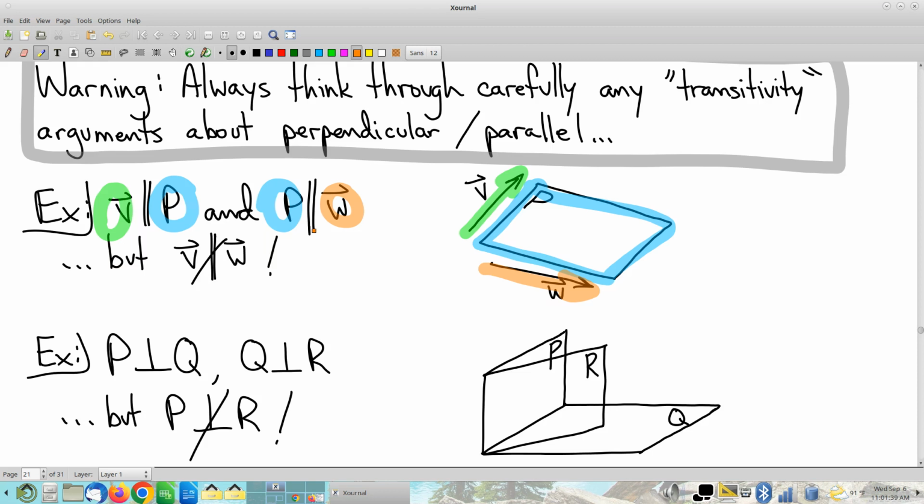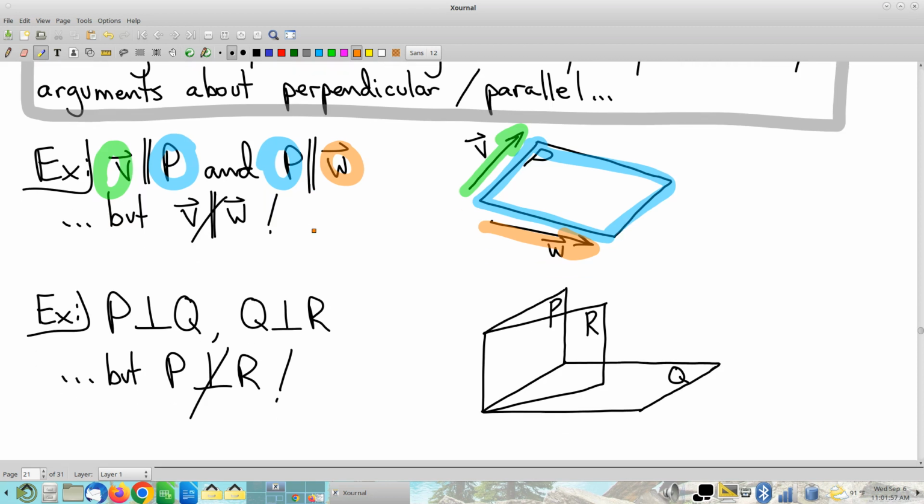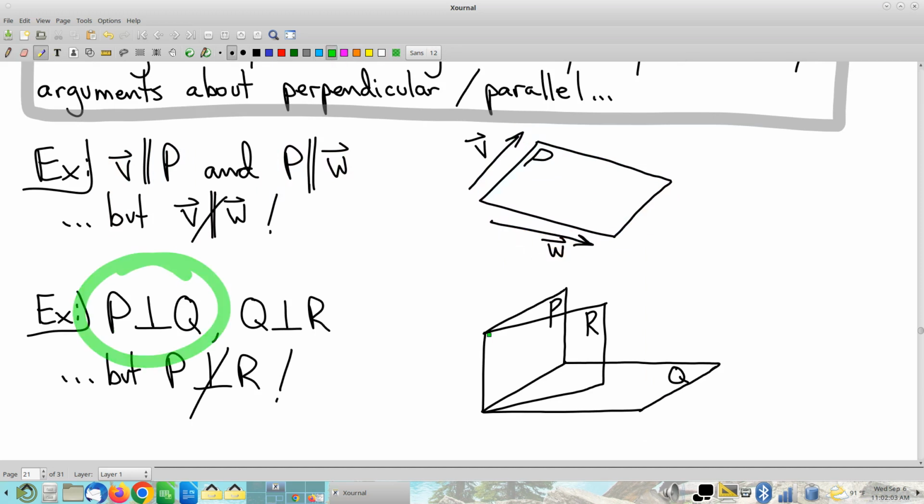Don't fail to visualize what you're dealing with and accidentally assume something's true because it looked good on the page, but forget to actually think about whether it makes sense geometrically. Likewise, down here, just a quick observation of a landmine. P and Q are perpendicular.